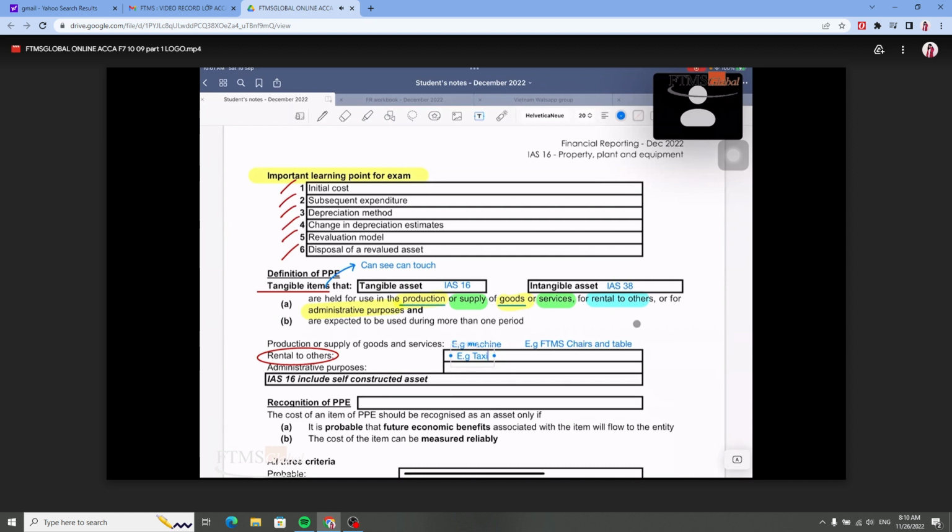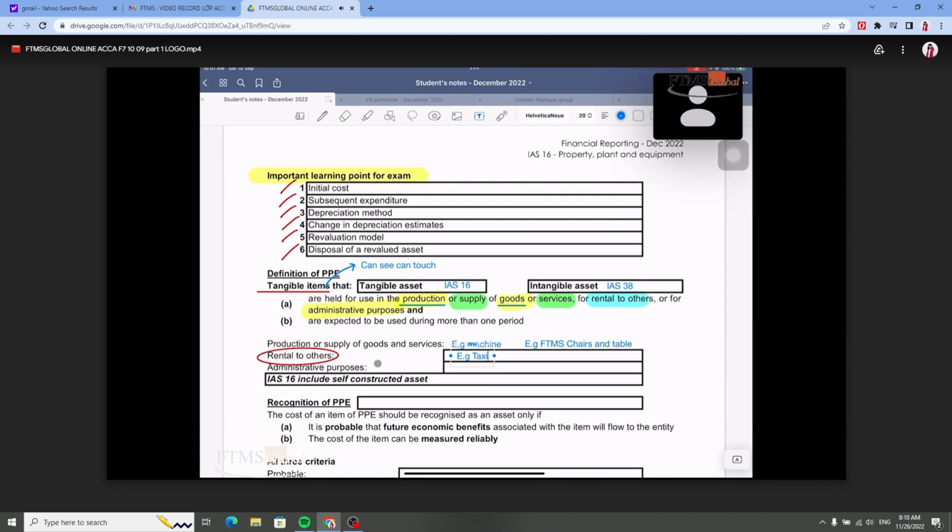In the accounts of Mai Linh and Taxi Group, those vehicles are rented to the taxi drivers. So to them, all these vehicles will apply IAS 16. If you use the asset and rent to other people, the standard you should apply is IAS 16. As I said, not many people are familiar with this one.